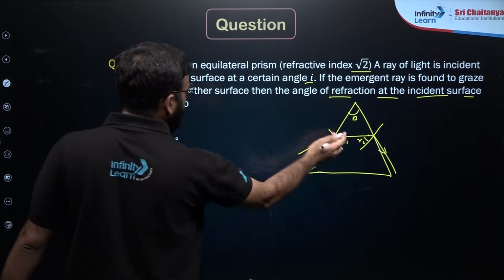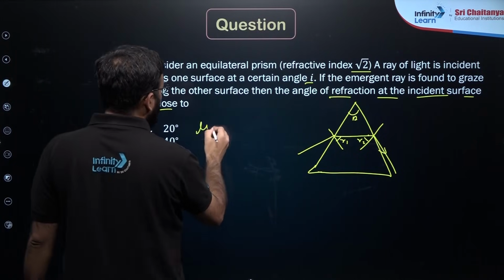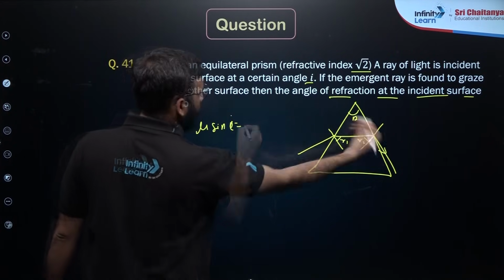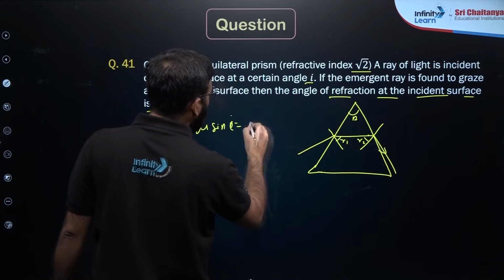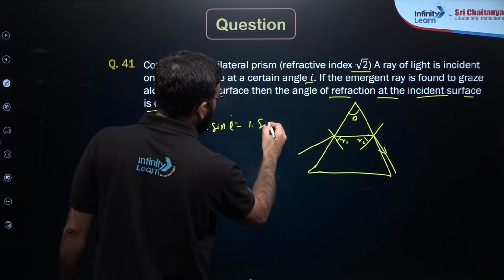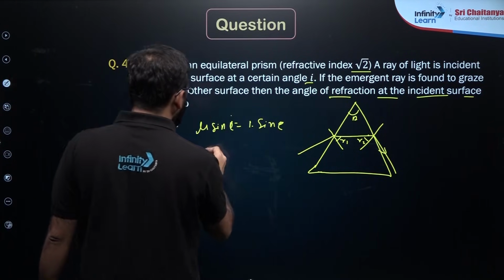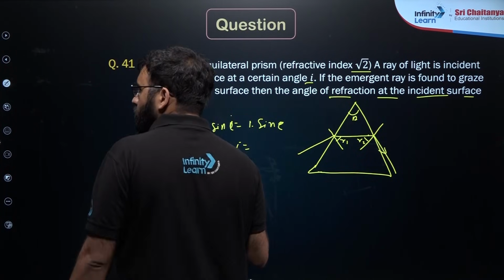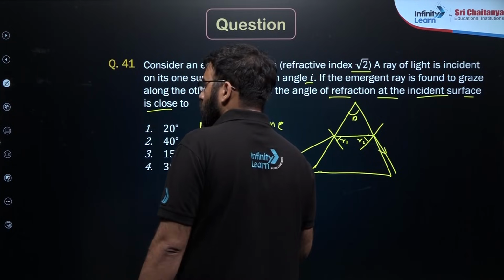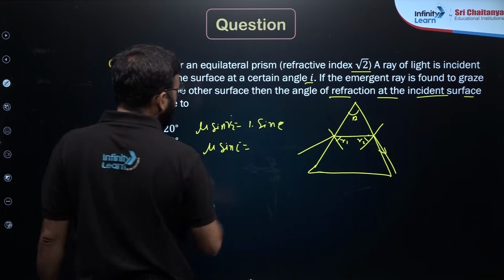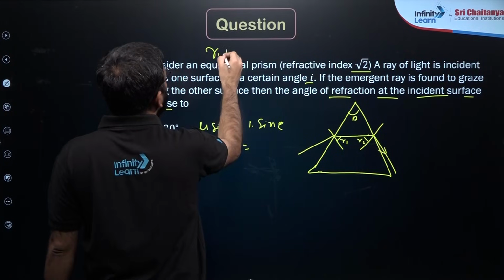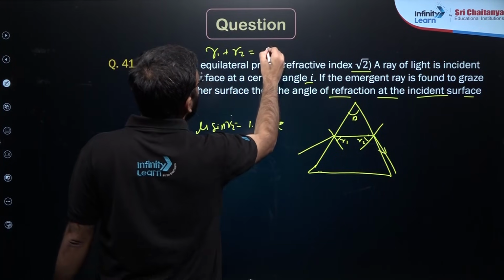Just you can apply Snell's law, mu sin i equals to, outside this one, inside this one, air is 1, sin e is 90 degrees here. So mu sin r2 equals. Okay, so r2 is this one and r1 is this one, because r1 plus r2 equals A.